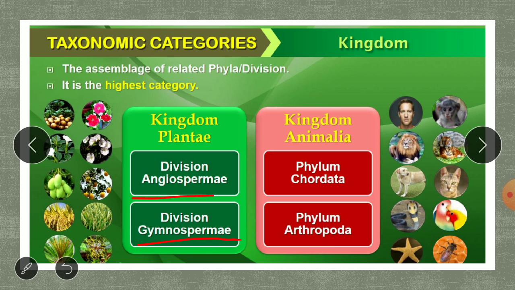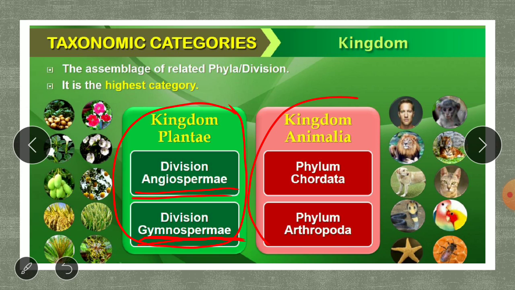Gymnospermae are the non-flowering vascular plants. Example, you can take your Christmas tree if you know. All these plants which are not producing flowers are mainly gymnosperms. So the flowering plants and non-flowering plants, both of them are plants only, so they are included in kingdom Plantae.